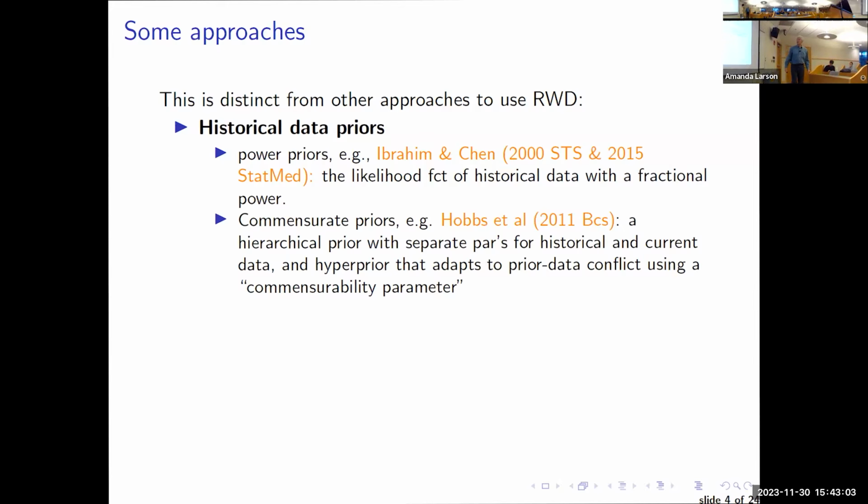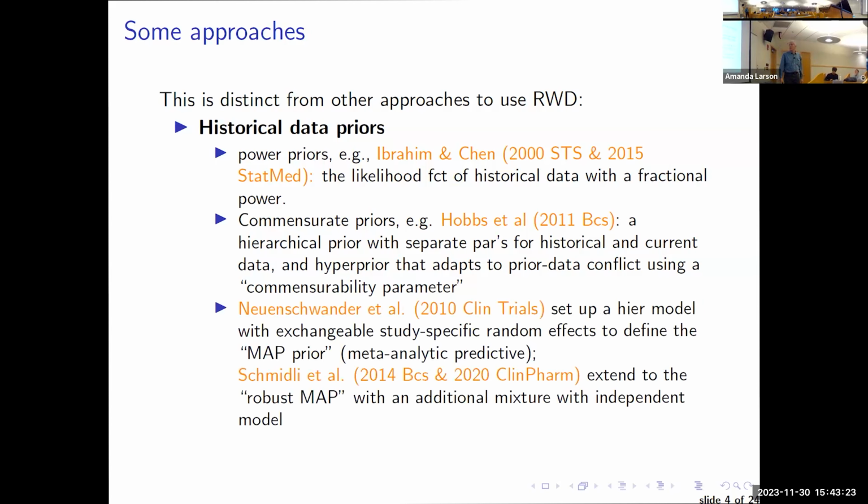Brian Hobbs and others have a variation on that, where they allow for a positive probability of the populations not being exchangeable. So they introduce a parameter that allows them to stop sharing information. When you see things really look very different, then you don't want to share information. And there are all kinds of variations.